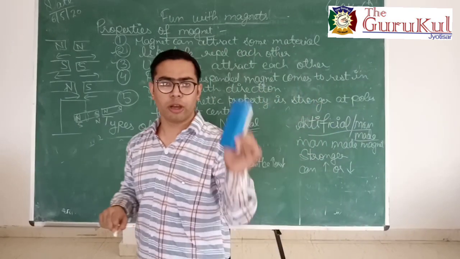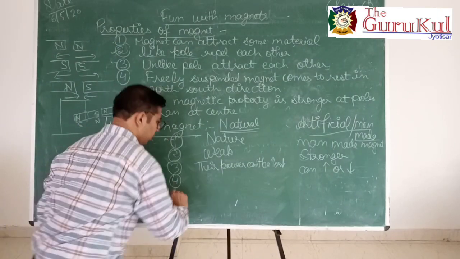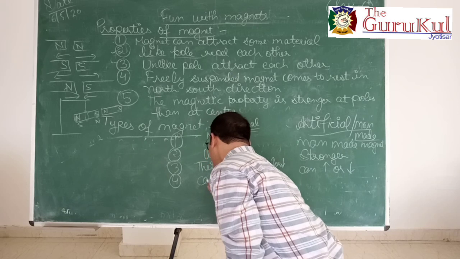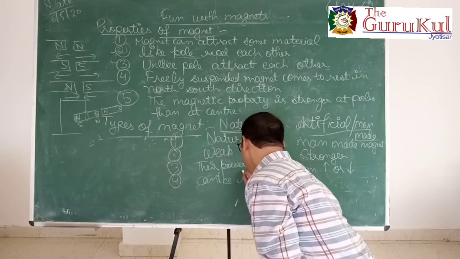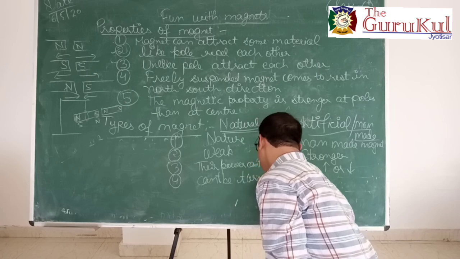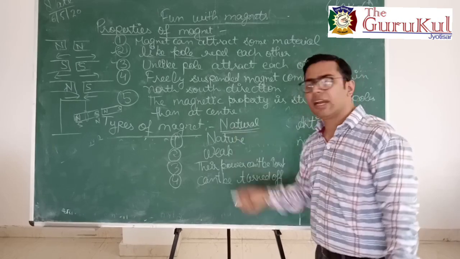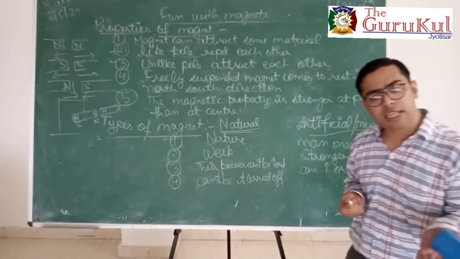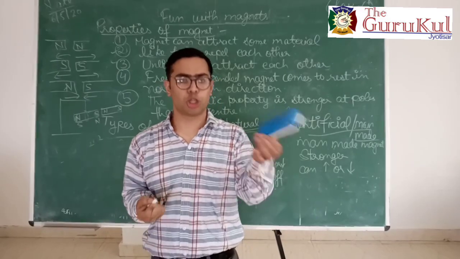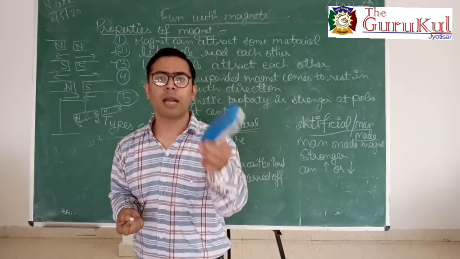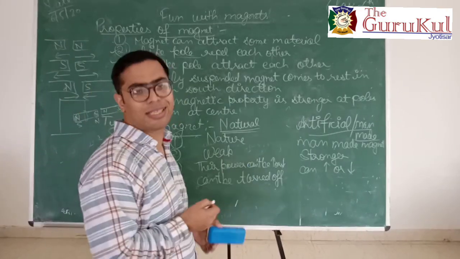Next point, point number 4, magnetism can't be turned off. So what we are saying is, if we have a natural magnet, its magnetism will remain forever. That means you cannot switch it on or off. That means one time it behaves as a magnet, another time it is not behaving as a magnet.